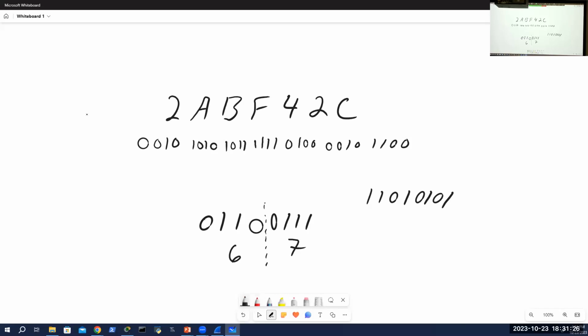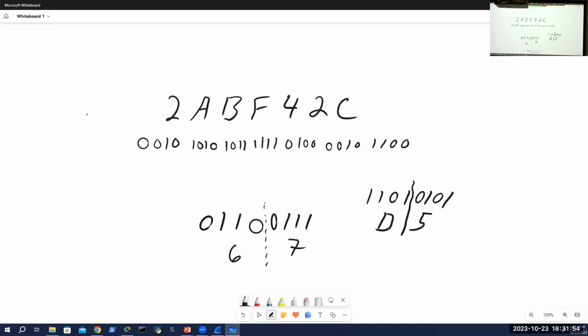Draw a line between 4 digits. You do these 4 digits, so it'd be 13, which is what in hex? D. D is 13. And this is just 5, so it's just 5.